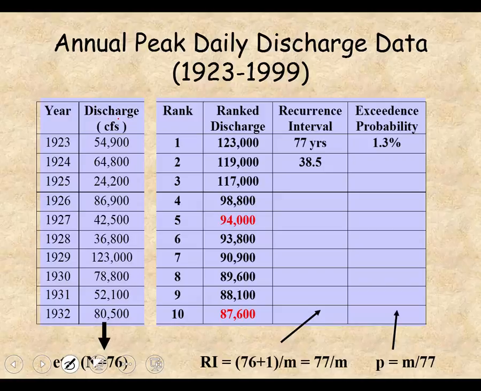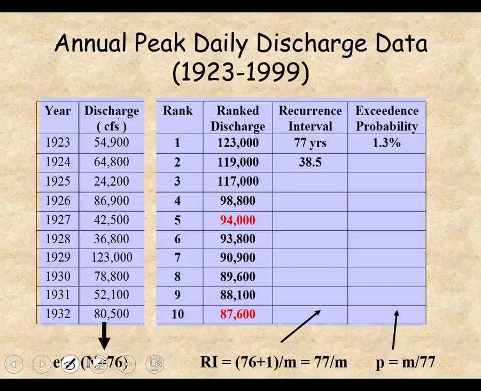The recurrence interval is n plus 1 divided by n. N, 76 years. So all of these will be 77 years divided by n. So 77 years is the recurrence interval for the biggest flood of record. 1 divided by 77, 1.3%. That's a 1.3% exceeding probability. And it goes on down the list.